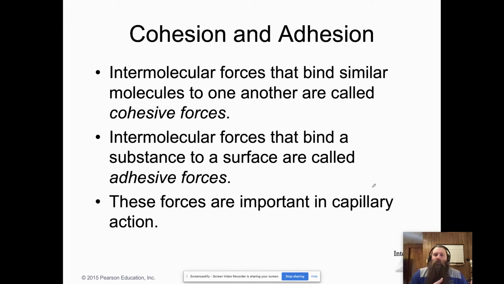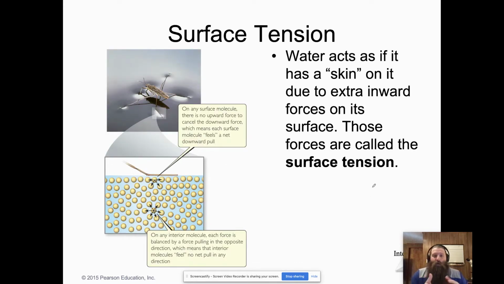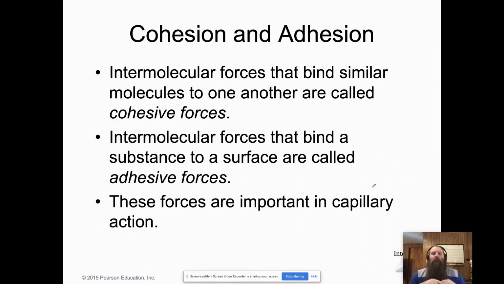Now, cohesion is what we would use to explain surface tension, right? So if I go back here and I look, I have similar molecules, right? They're all water molecules. They're binding to each other, so they're cohesive. And that cohesion, more intermolecular force, right? Greater cohesion is what allows the water strider here to stand on the water.